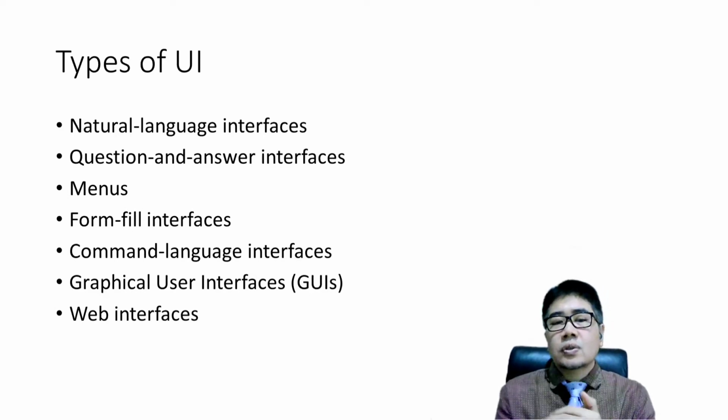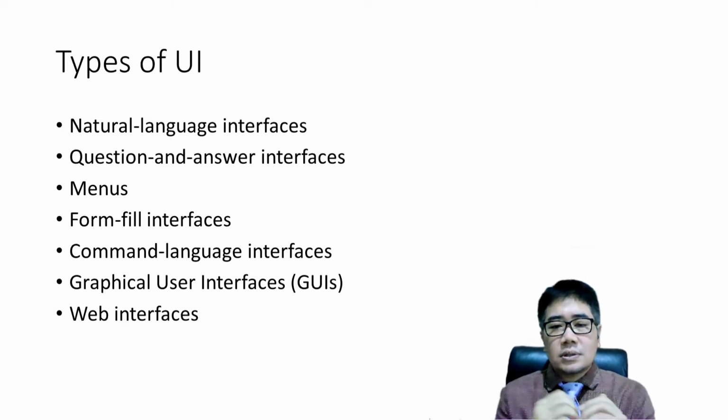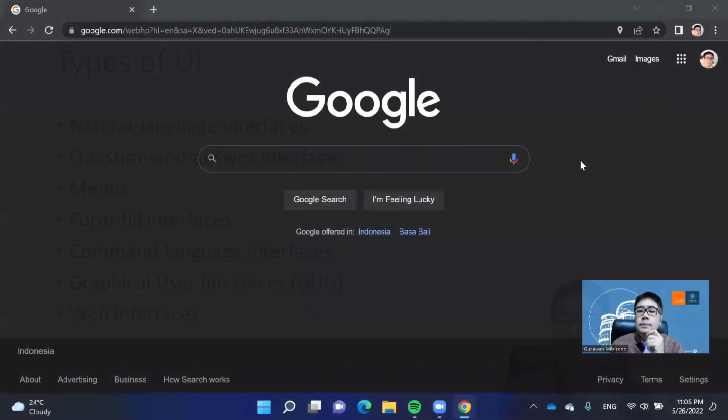Now let's try to do a little bit of a demo here. We can use the Google search interface, as it is also an example of the natural language interface.